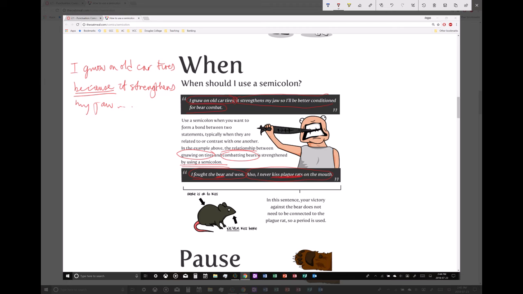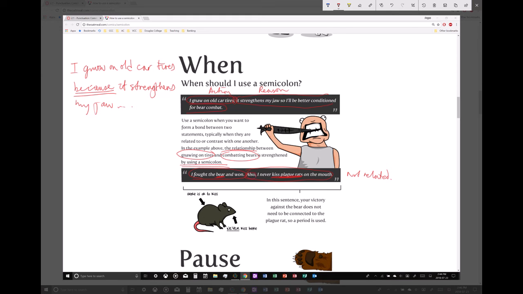This one is less related because this one is just the action in sentence 1 and the reason why he is biting old car tires to fight bears. But this one, fighting a bear and kissing rats, they're not related. So if the two sentences are not related, you cannot use a semicolon in that case.